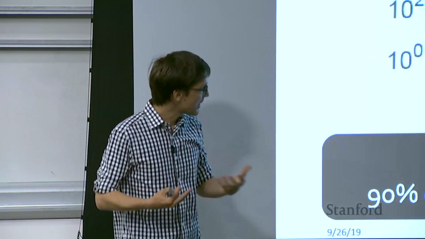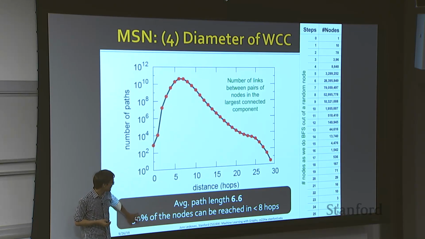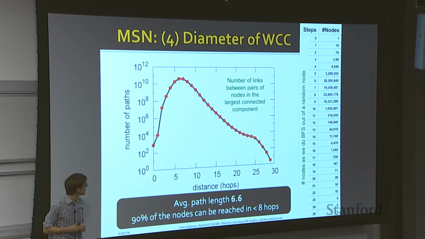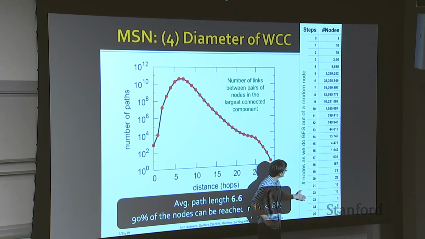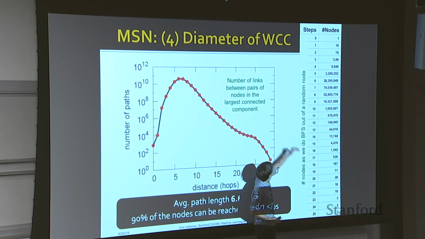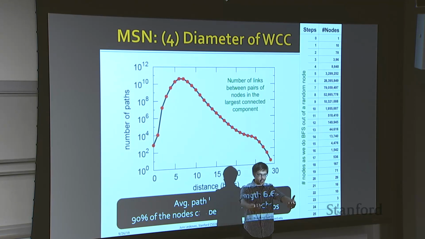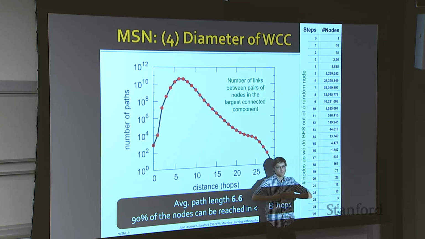And if you ask what's the average shortest path length, it's 6.6. And 90% of all the pairs of nodes can be reached in less than 8 steps, so in 7 or less. Just to show you how this looks, if you take a random node and ask how many neighbors are at step 1, step 2, step 3, this is basically the frontier of the breadth first search.